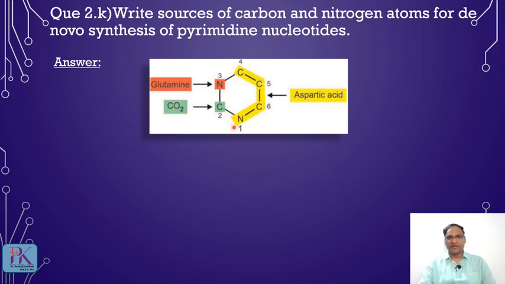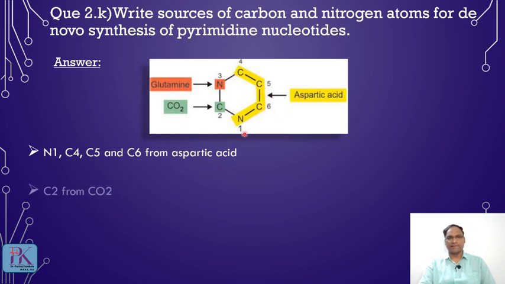N1, C4, C5, C6 are from aspartic acid or aspartate, C2 from CO2, and N3, that is nitrogen 3, from glutamine. It is enough if you draw this diagram, no need to write.